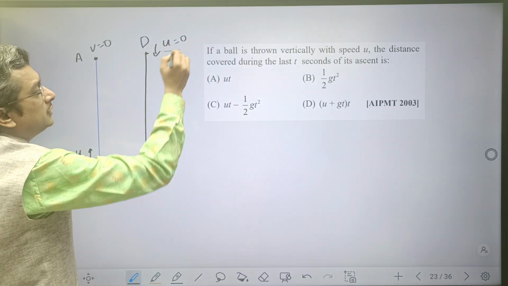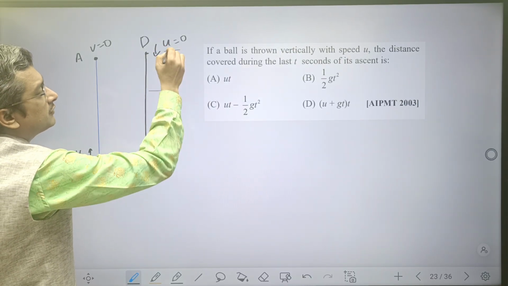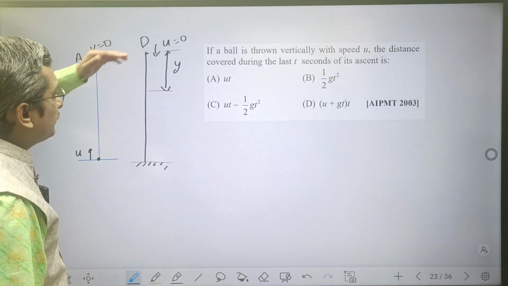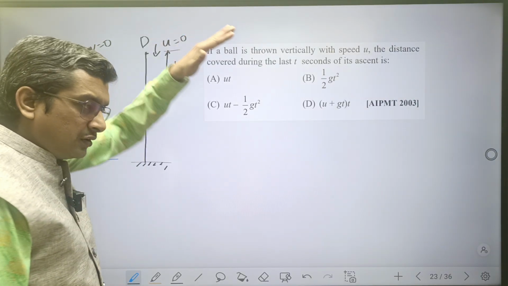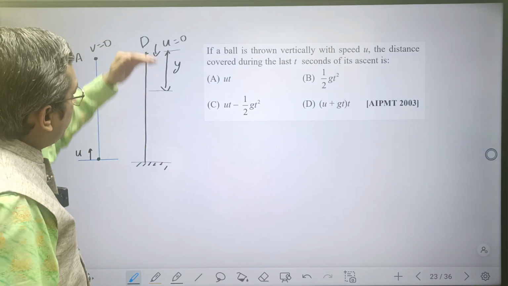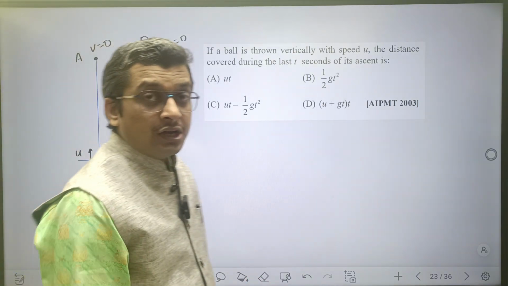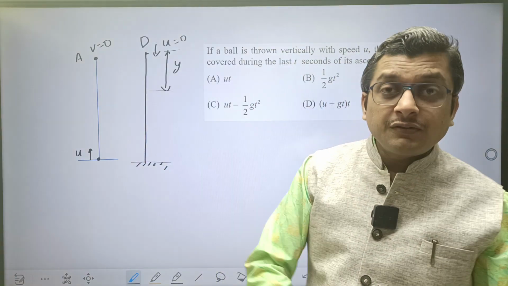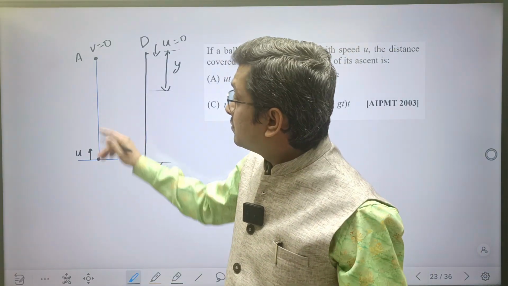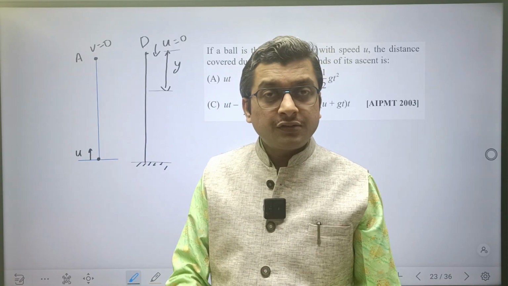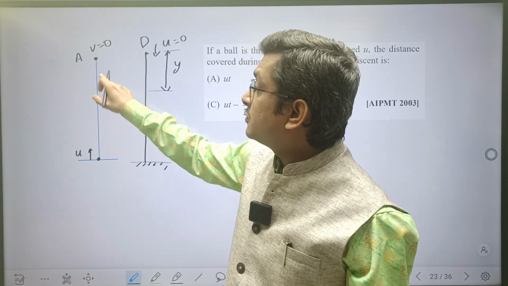Suppose in the first 2 seconds it covers the distance y, isn't it? So in the case of free fall, it covers the distance y in the first 2 seconds. It will cover the same distance y when the ball goes vertically upward, in the last 2 seconds of its ascent.